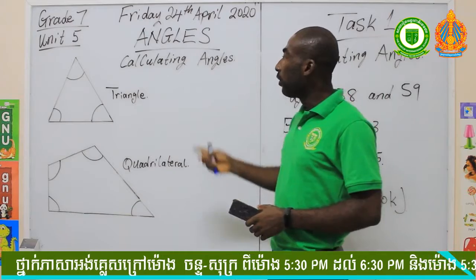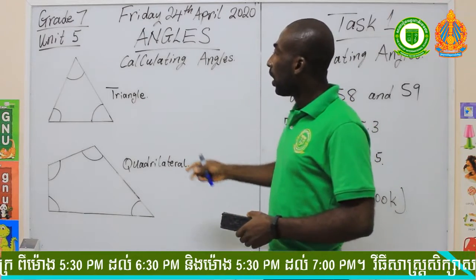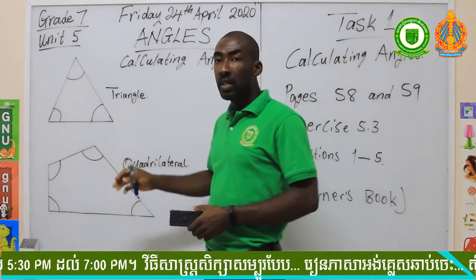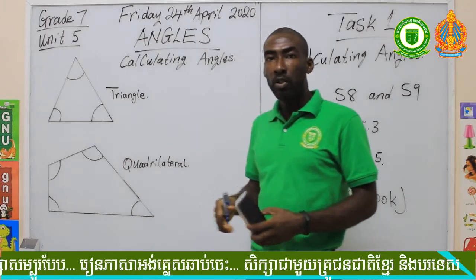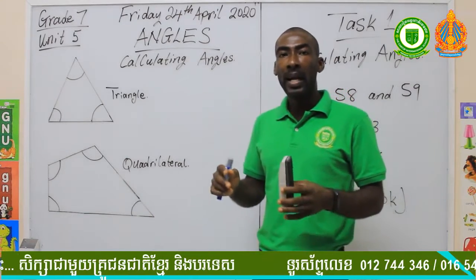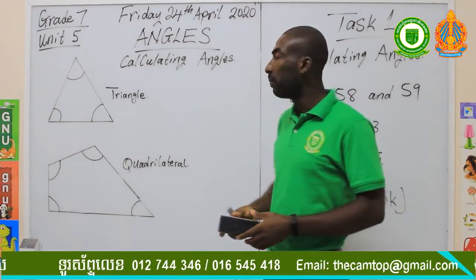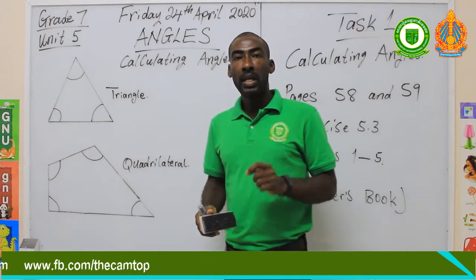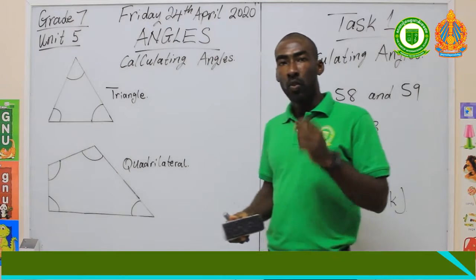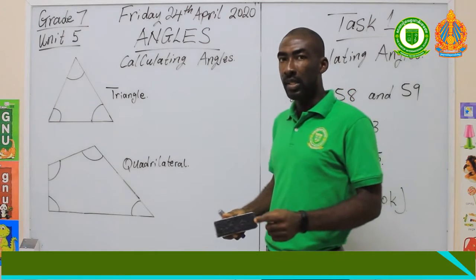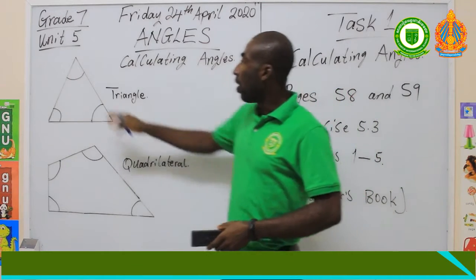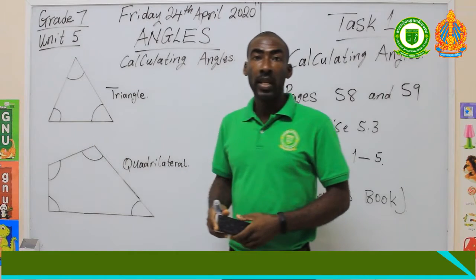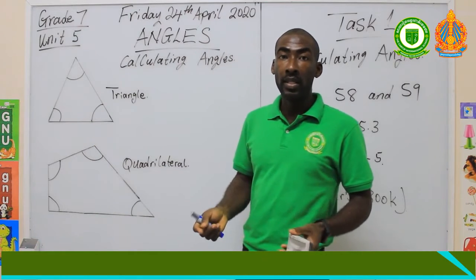First, what you should know is that when we are dealing with a triangle, the first thing that should come into your mind is the total angle that makes a triangle. We should all know that the total angle of a triangle is 180 degrees. All 3 angles come together to make 180 degrees.